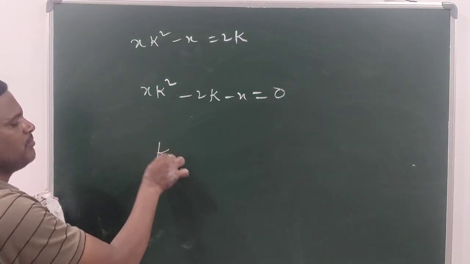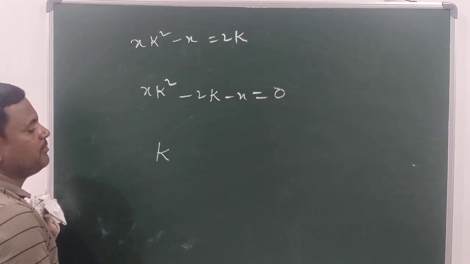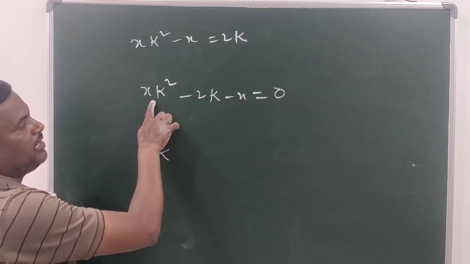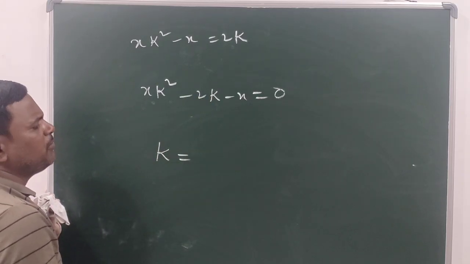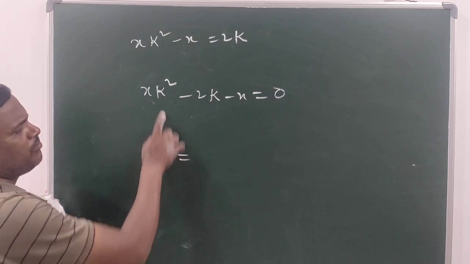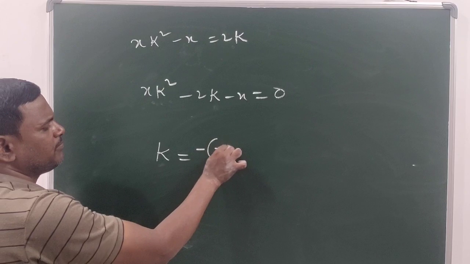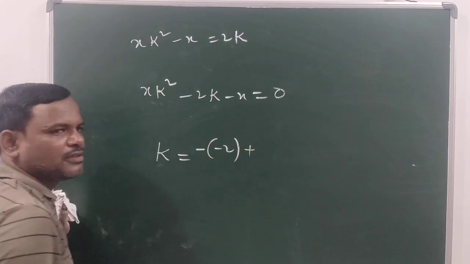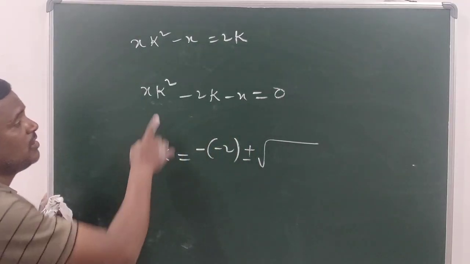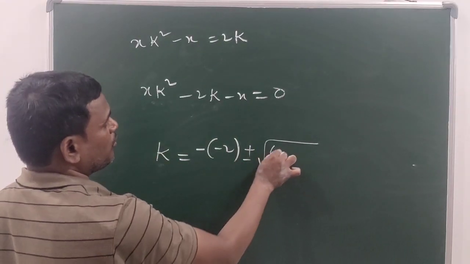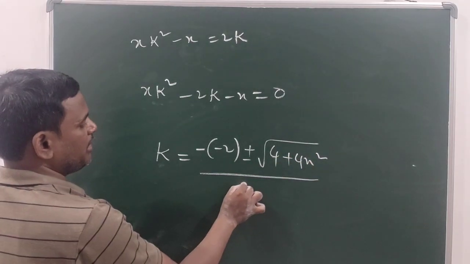Now what is k? It is a quadratic equation in terms of k. Apply the quadratic formula: k equals minus b plus or minus root of b square minus 4ac, whole by 2a.